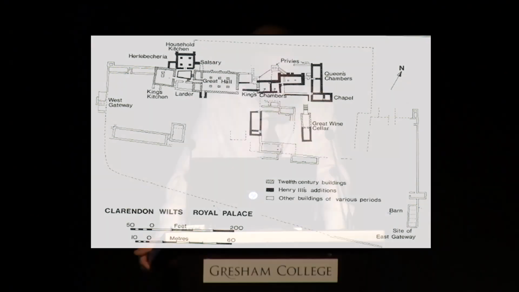This sort of continuity of plan between these very early Saxon houses and these early medieval houses, I think suggests a continuity of function, with these royal households living very much like their predecessors.